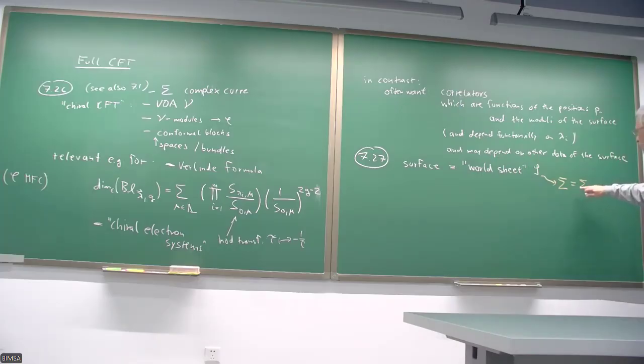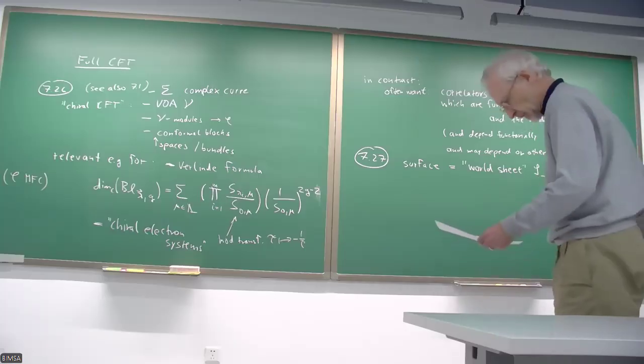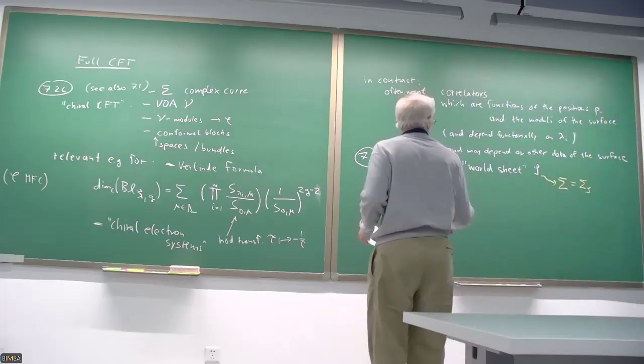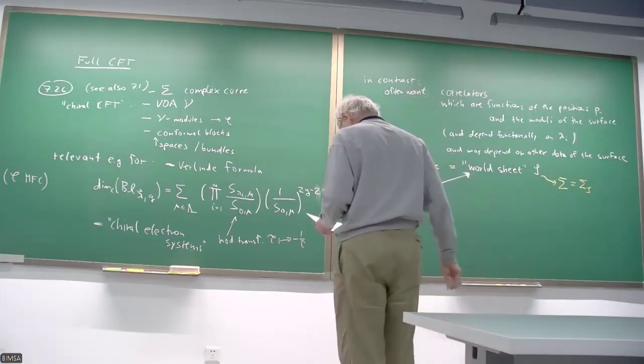I will often suppress the index S here, and unfortunately sometimes might confuse S and sigma in the notation. I hope that I will not do that, but I cannot ensure that this will not happen.